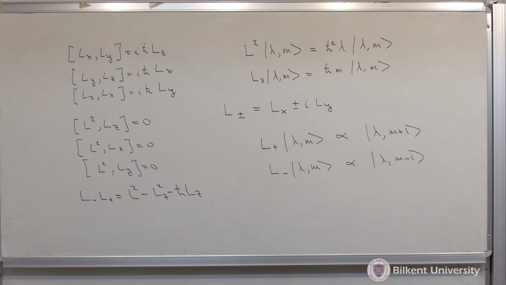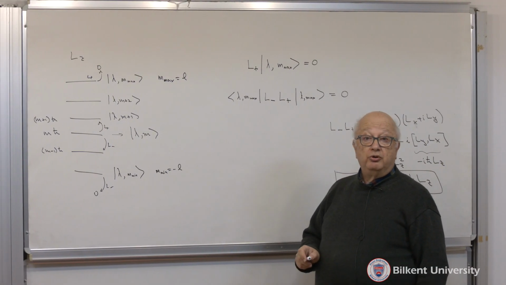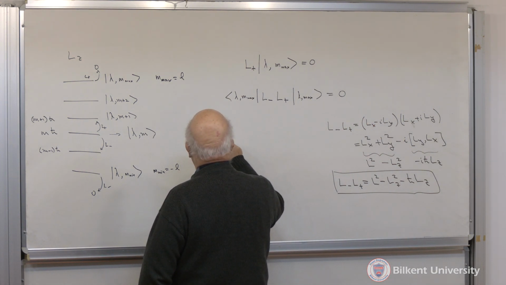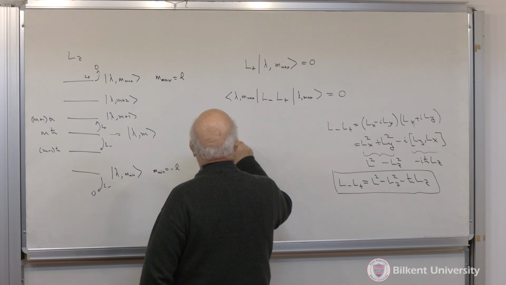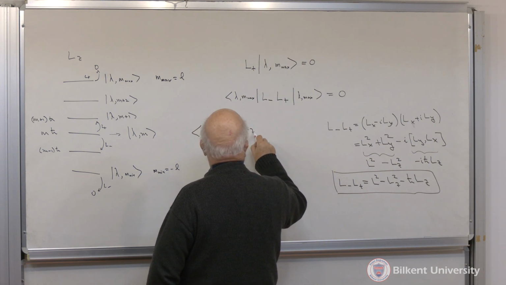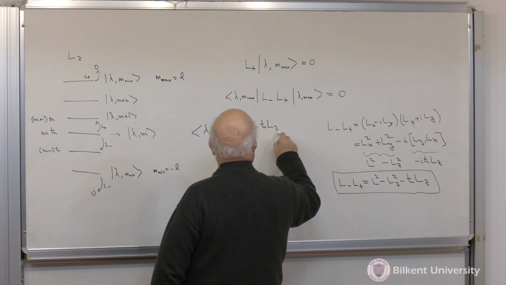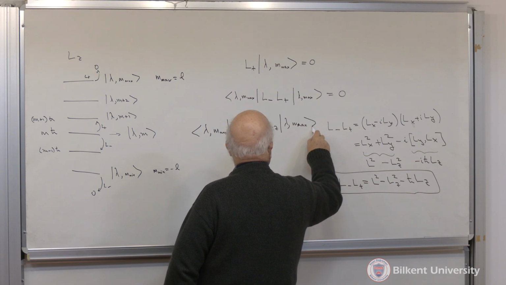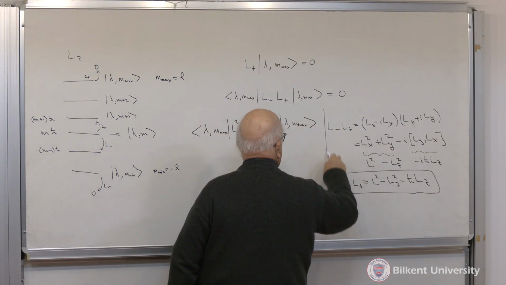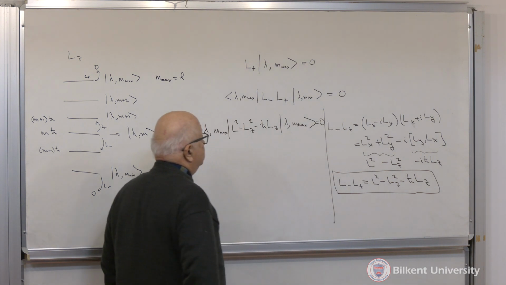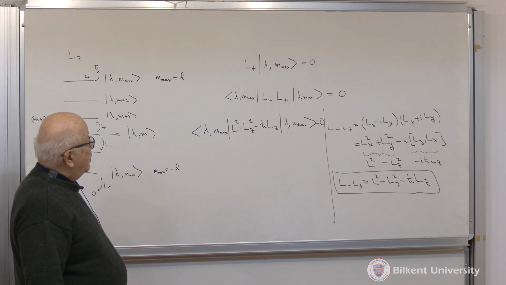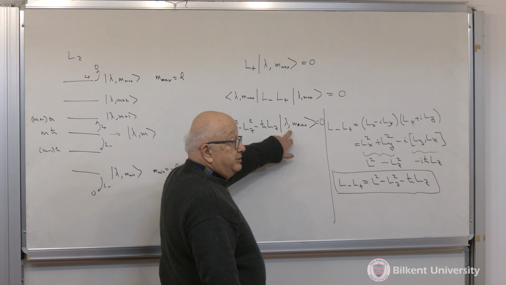So let's now just put that into our equation here. All right, so I get lambda m max, L squared minus Lz squared minus h bar Lz, lambda m max. And this is supposed to be 0. But now what are these quantities? I know what L squared times this is.